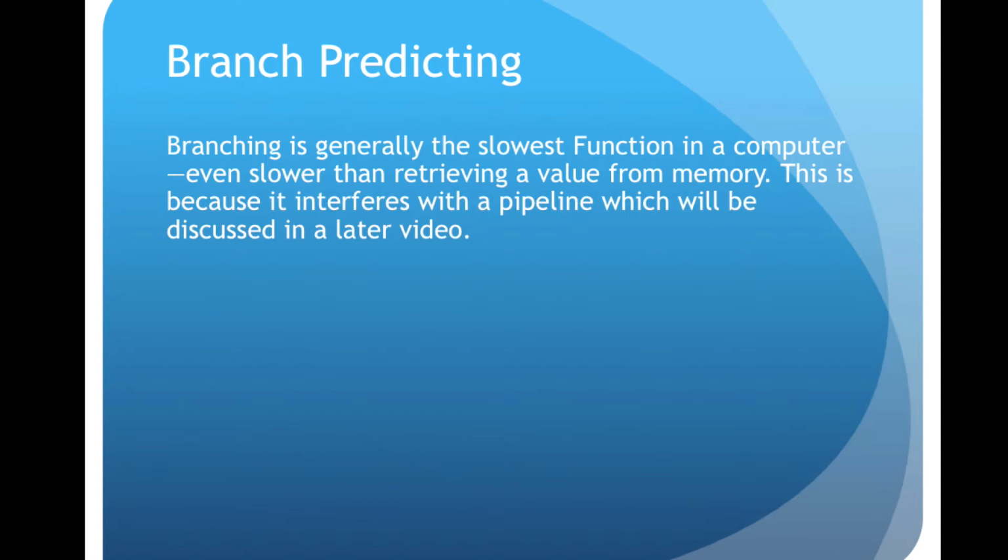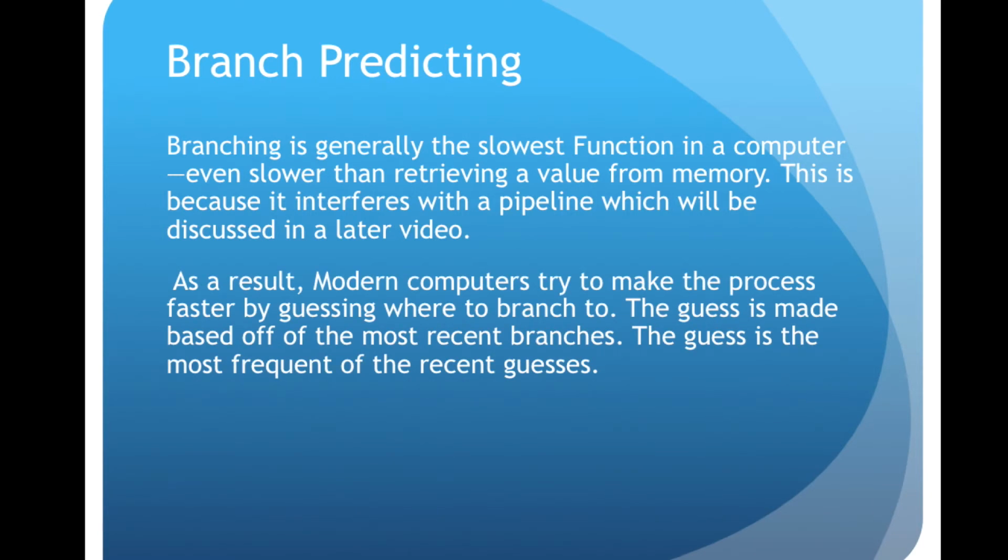But with branching, it's the amount of time it takes for information to come from memory into the registers and then go straight into the program counter. Because of this, it interferes with the pipeline. Anyways, as a result, modern computers actually try to speed up this process by guessing what the branching condition's result is going to be.